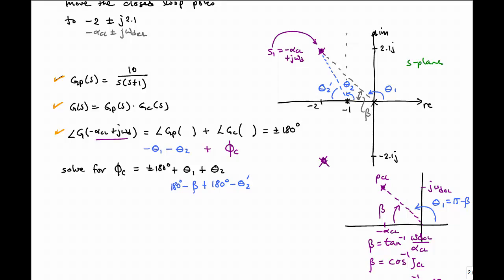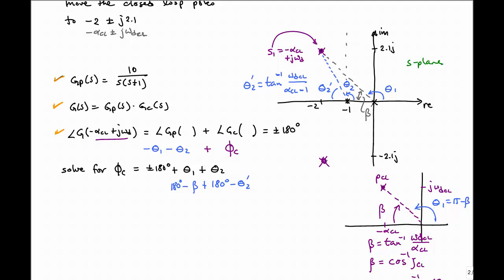Okay, and now for theta 2 prime, let me write that over here. Theta 2 prime is equal to the arctan of omega d closed loop divided by this distance right here, which is going to be alpha closed loop minus 1.